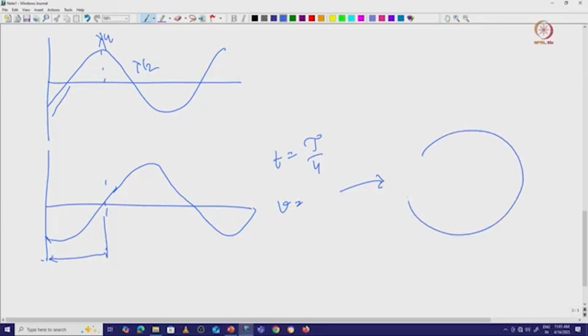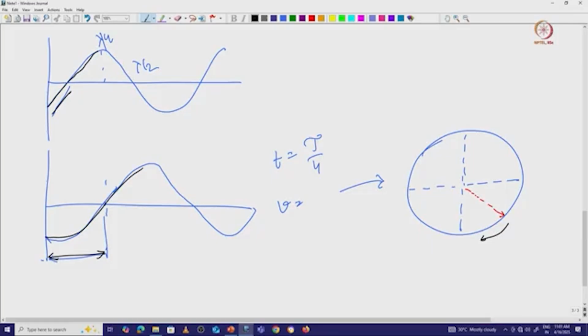Again you have to draw a circle. Previously this was your wave, located here, but in the current situation the wave is rotated again. There is an angle change, a phase difference between this wave and that wave.